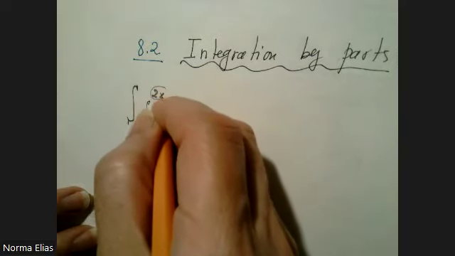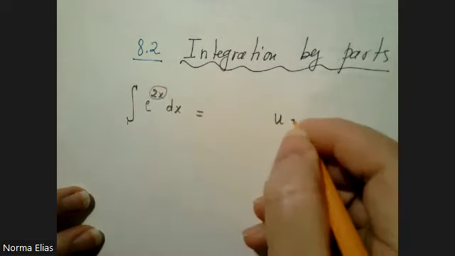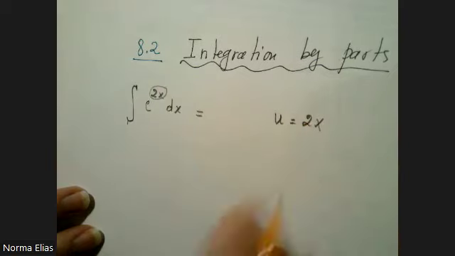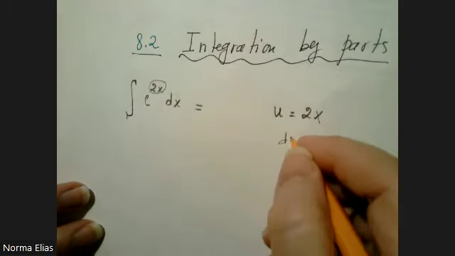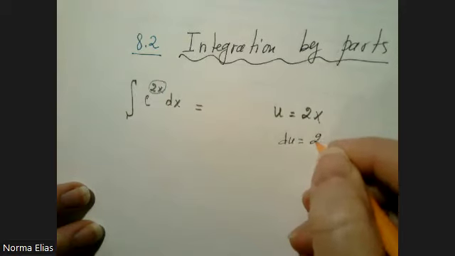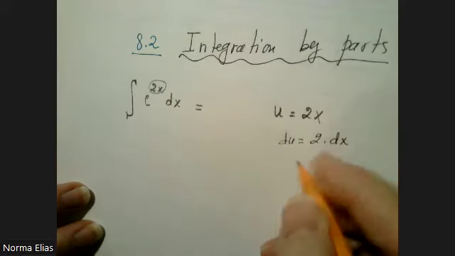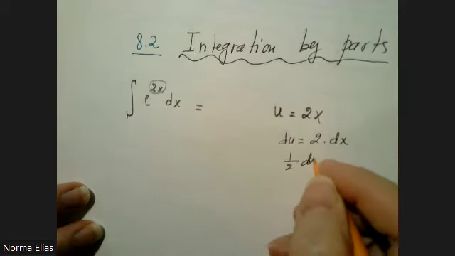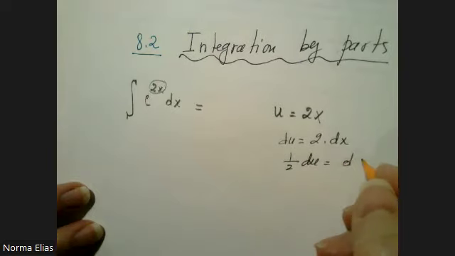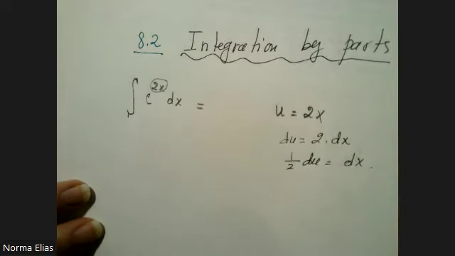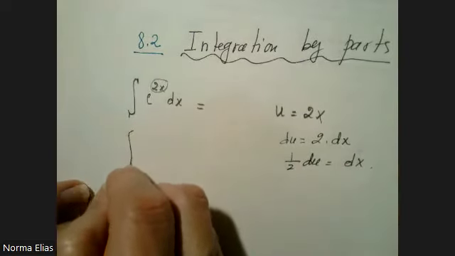With 2x, we have an inside function, which means we set u to be 2x, there is no way out. The du is 2 dx. It means a half du is the dx, which means that this integral will become the following.